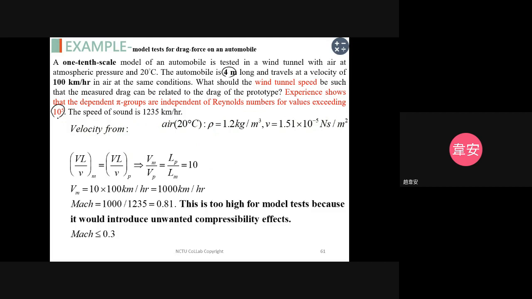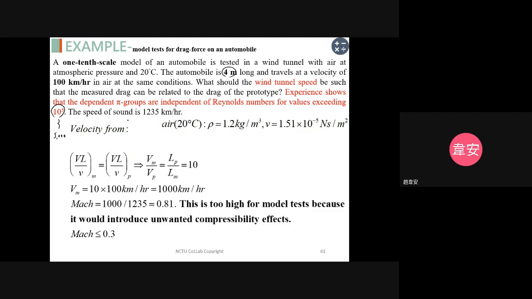So this is quite a bit higher than what we mentioned in the previous figures. Previously, we said that if the Reynolds number is over 5,000, then the pressure coefficients are not sensitive to the Reynolds number increase. But in the exercise shown here, we use a safer, higher threshold.